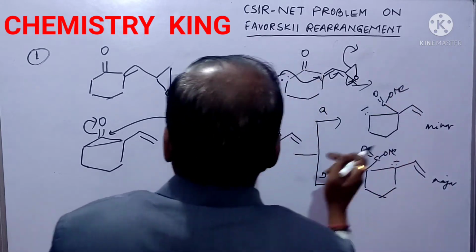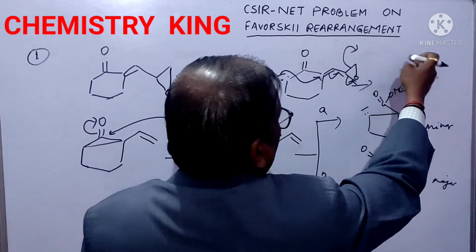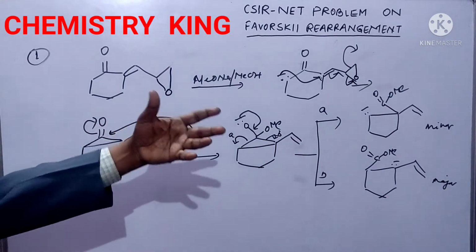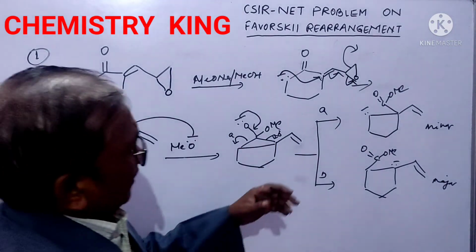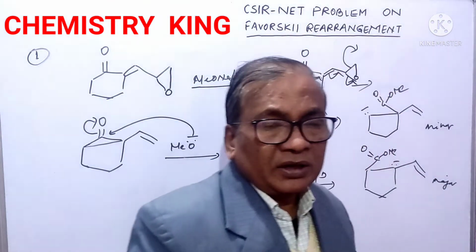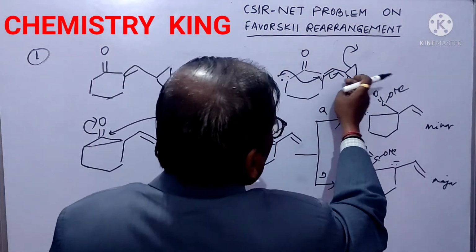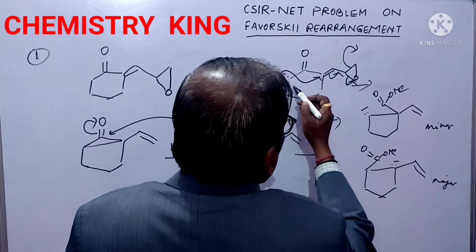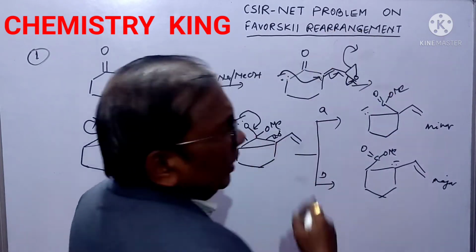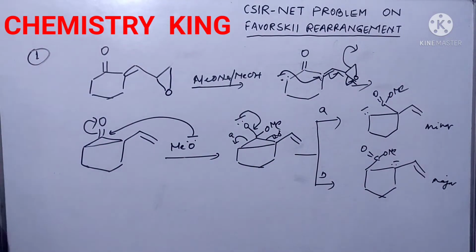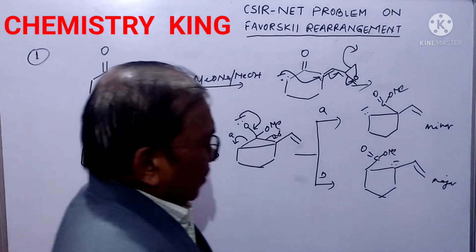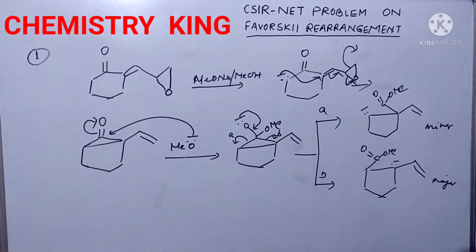You will get O minus, and next it will be converted into OH. That is another thing, but I want to say that this bond will break in this fashion, meaning it is also a leaving group like chloride, bromide, iodide. Okay? Now we will proceed to the next problem.